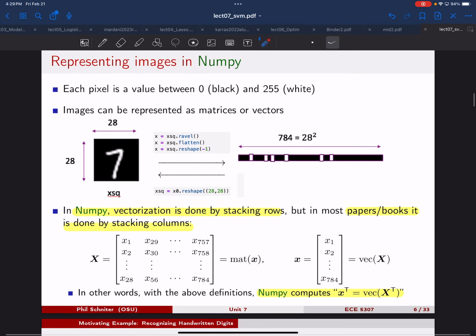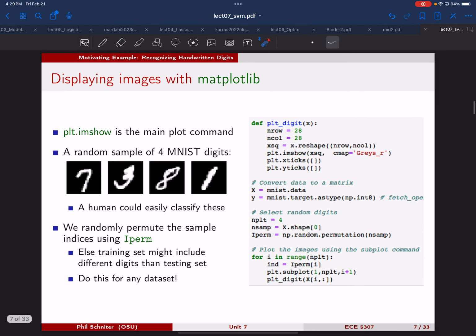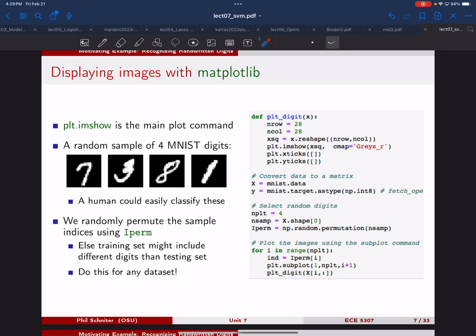Okay, so that's a bit about how we work with these images. And if we want to plot one of these images in Python, then we're again going to use the same matplotlib library, and imshow is the main command for plotting an image. Here we have a little function that we wrote that takes in a vector and reshapes it to 28 by 28.